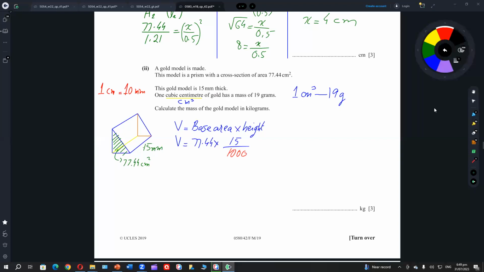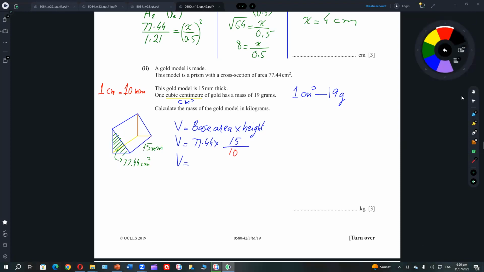I'm dividing 15 by 1000. Why am I dividing 15 by 1000? The mistake, let me correct and I will ask again. I want to convert it into centimeter, and I'm dividing 15 by 10.